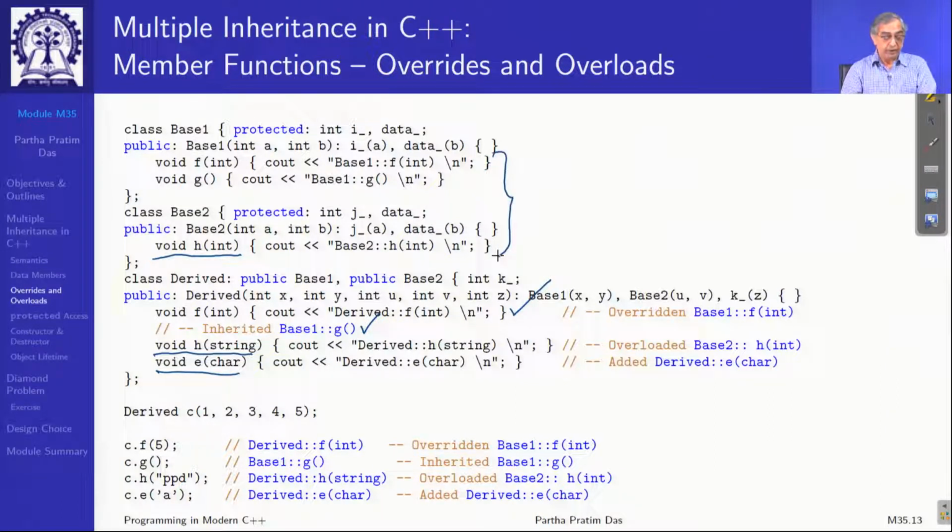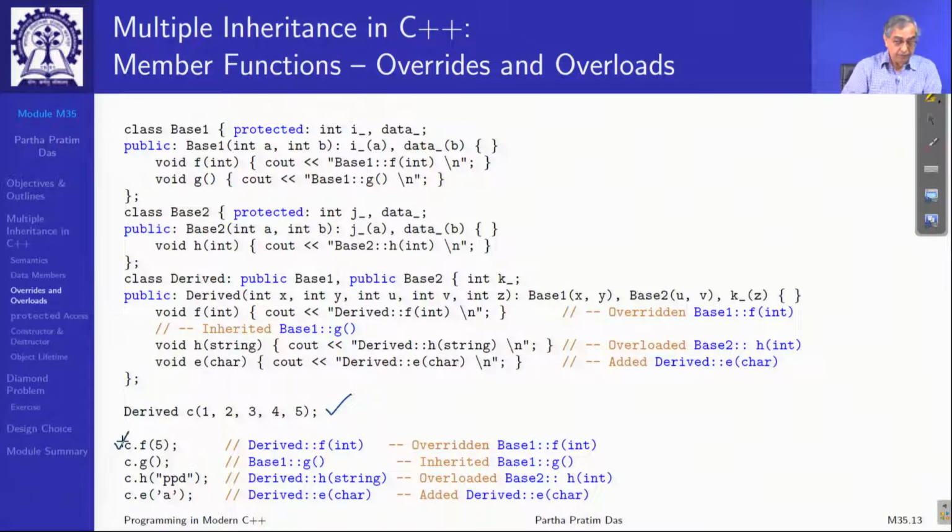Now, they are in two different base classes. So, in view of this, if I look at a possible derived class object C, I have not given the details of population of data members and execution, those are not really important here. We are just looking at the function binding.